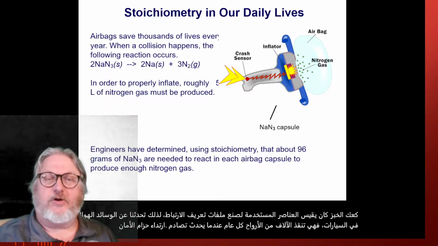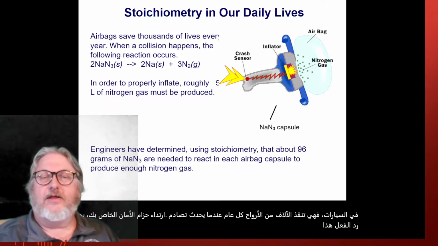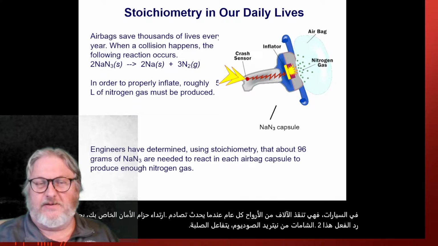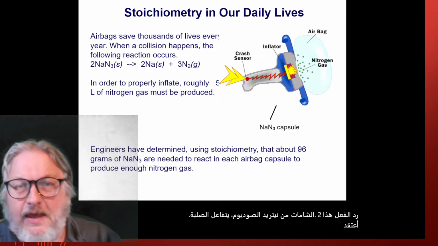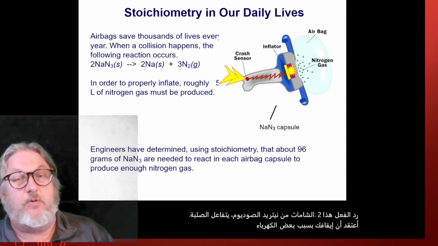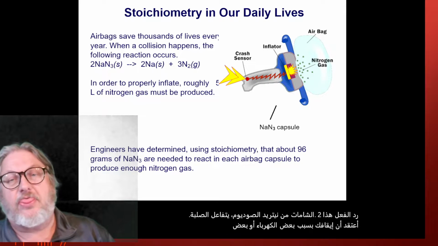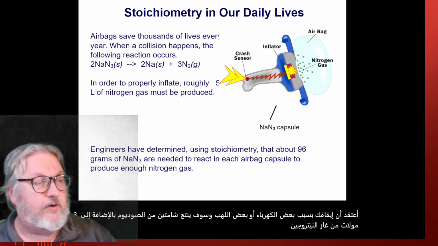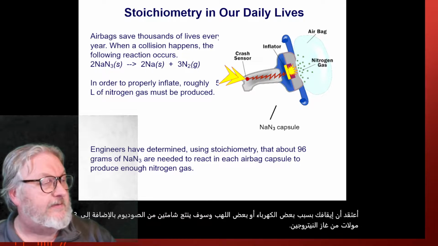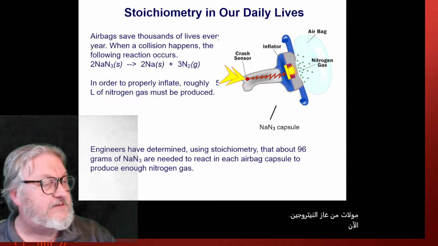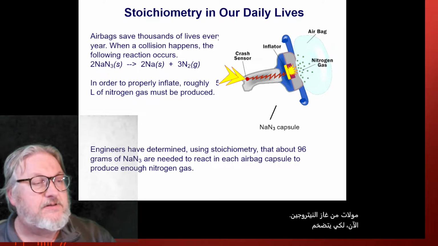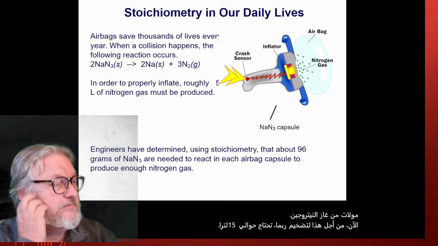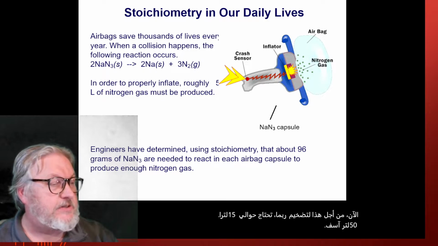2 moles of sodium nitride, a solid, reacts. I think it's set off by some electricity or some flame. And it's going to produce 2 moles of sodium plus 3 moles of nitrogen gas. Now, in order for this to properly inflate, you need about 50 liters of nitrogen gas to be produced.